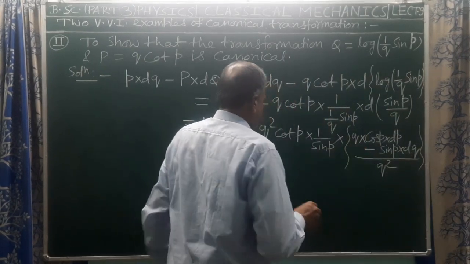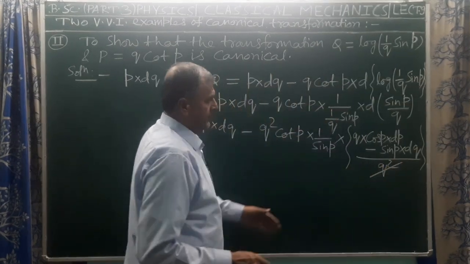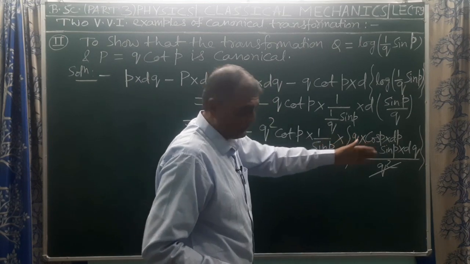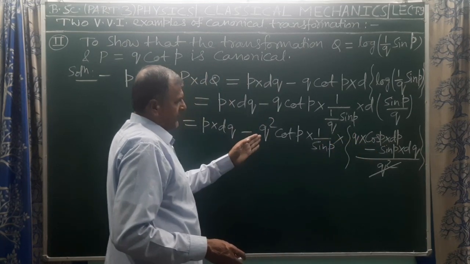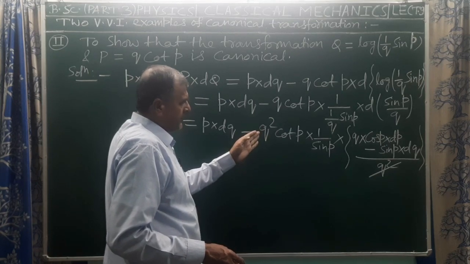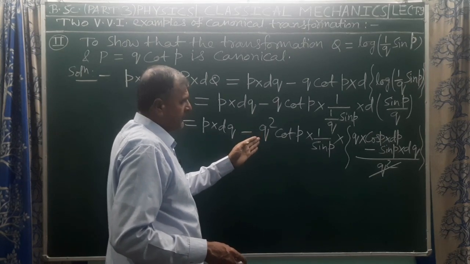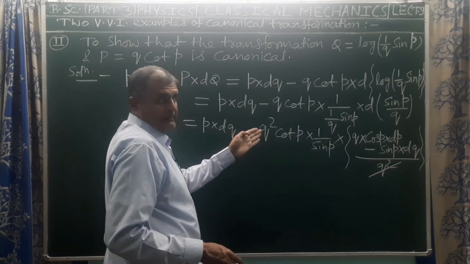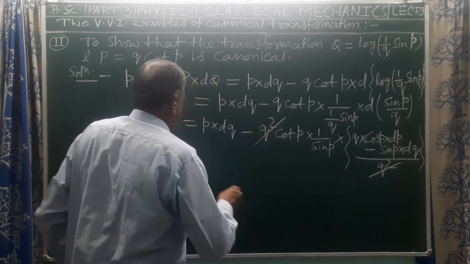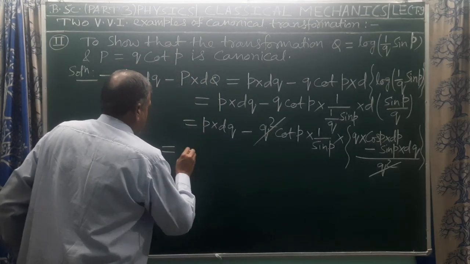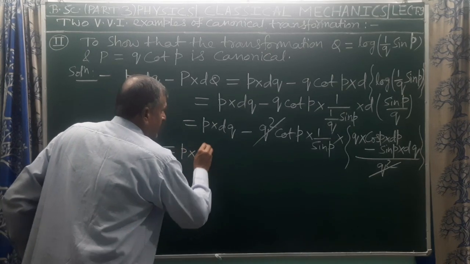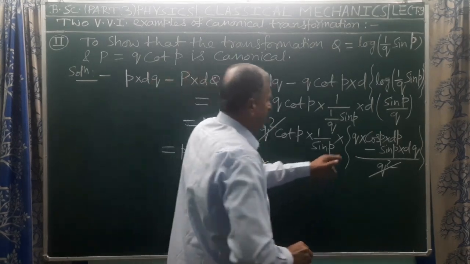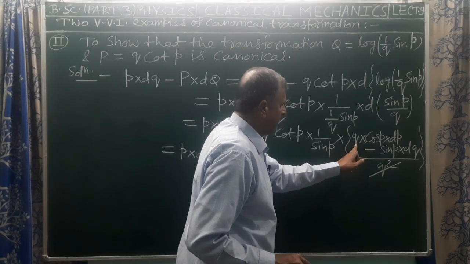Now the bracket is closed, and q square is in the denominator inside the bracket, and in the numerator also q square is present. So q square in the denominator inside the bracket and in the numerator q square will cancel out. So we are left with small p into dq minus cot p multiplied by, now it is small q inside the bracket.